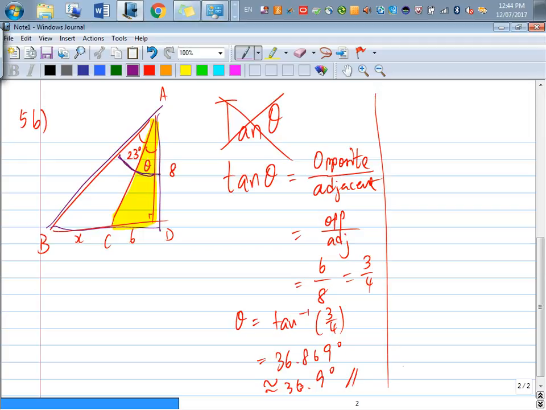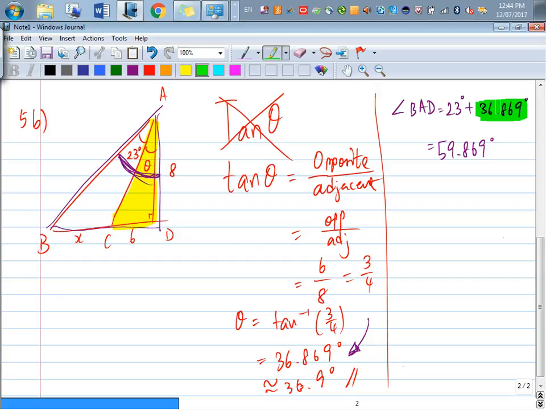What is this combined angle? 23 plus 36.9 or 23 plus 36.869? 36.869, because we want to use the more exact value over here. Okay, so angle BAD equals 23 plus 36.869 degrees. The value over here will be 59.869 degrees. So I'm going to highlight this portion.